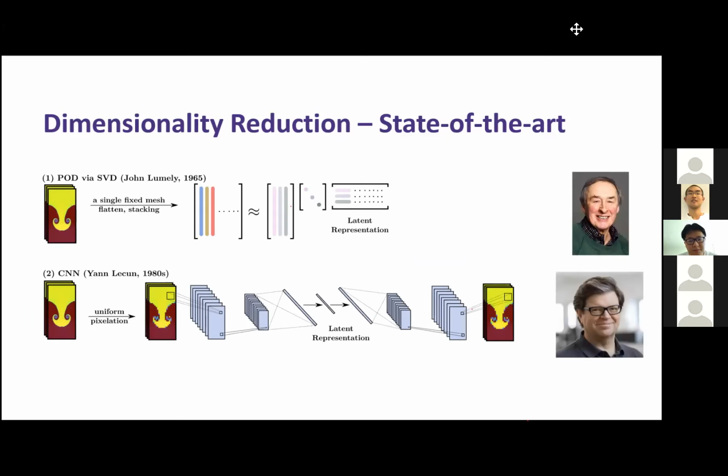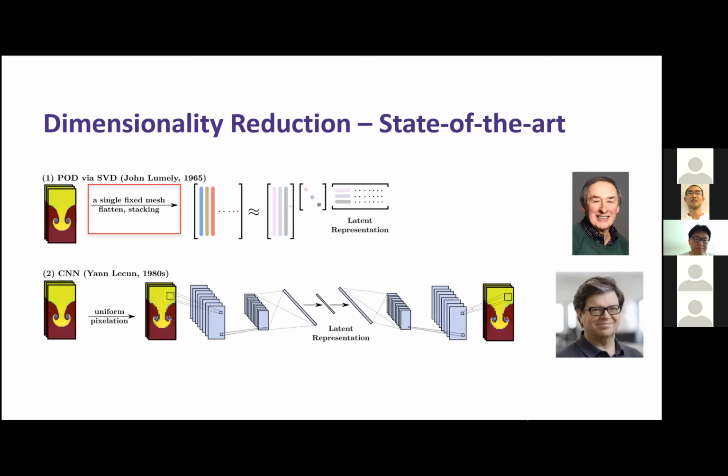The state of the art is basically two methods. The first one is POD, using the SVD algorithm. It was introduced by Lumley in 1965 to our community. Originally it's the KL expansion method from the statistics community. I want you to pay attention here that POD requires a single fixed mesh, because it flattens the values on this mesh and stacks them for all time steps.